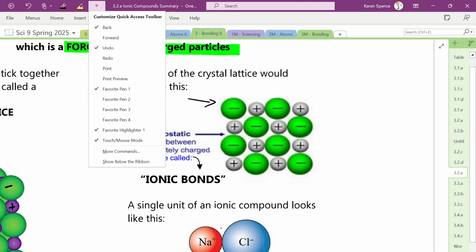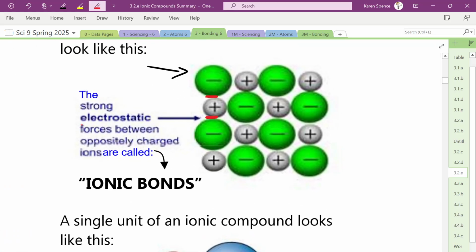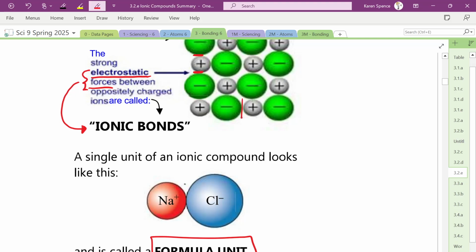And the attractive force in between, that strong electrostatic force, is called an ionic bond. What do we call a single unit of an ionic compound? That is a formula unit. So that would be, if we were to take our little slice here and we took just one positive and one negative, that would be a formula unit.